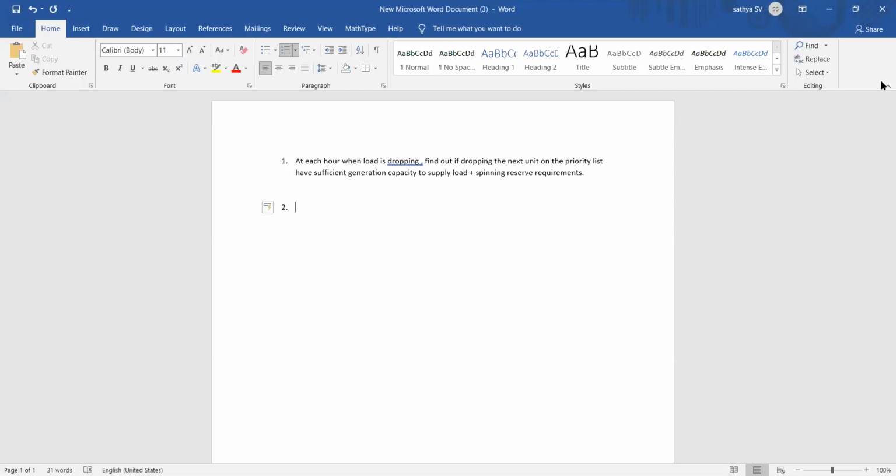Okay, now we need to find out how much time, the number of hours it is going to be dropped, before the disconnected unit will be needed again to operate, or needed again for service.